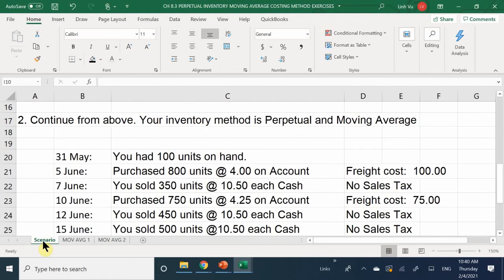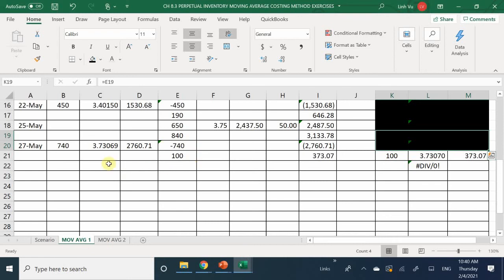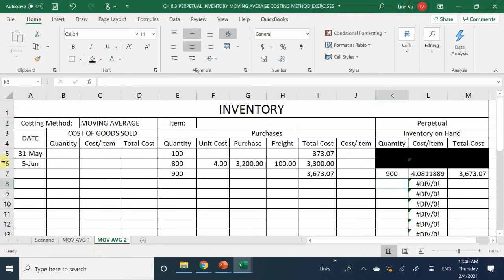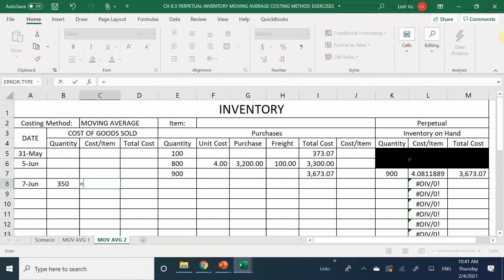Okay, so then what has happened on June 7th? We sold 350 units. Oh, I'm on the wrong one. June 7th. We sold 350 units, costing me now the 4.0811.